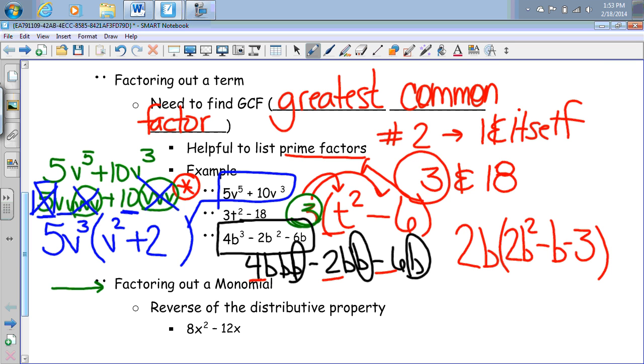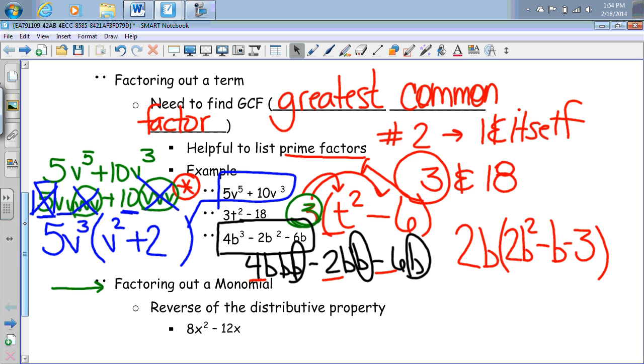And I took out that b, so I'm left with nothing, or 1 b, just 1 itself. So I have 2b times the quantity 2b squared minus b minus 3. Let's double check. 2 times 2 is 4, b times b squared is b cubed. 2 times 1 is 2, b times b is b squared. 2 times 3 is 6, b times 1 is b.